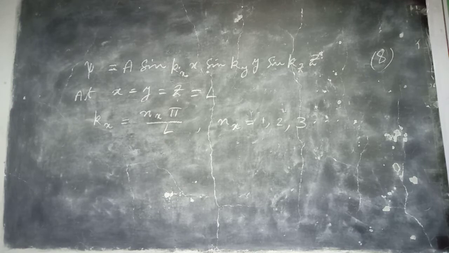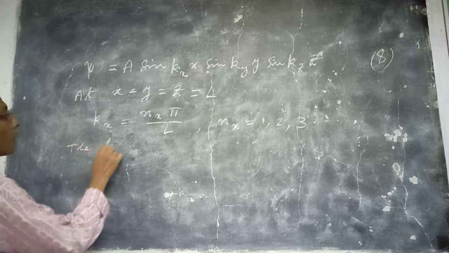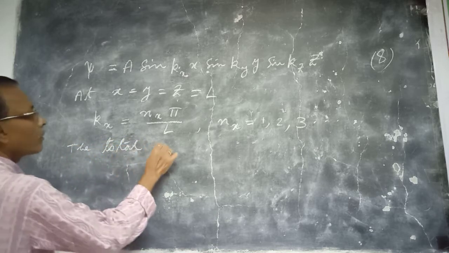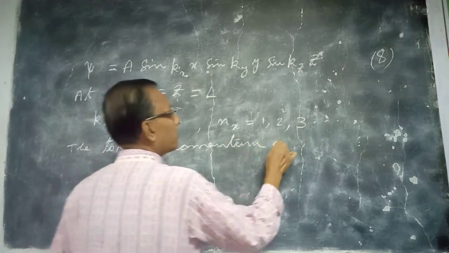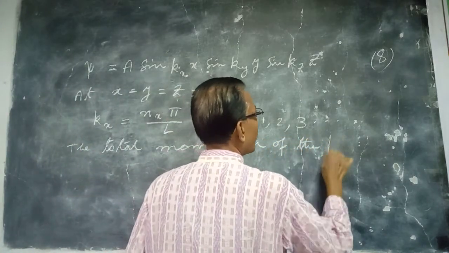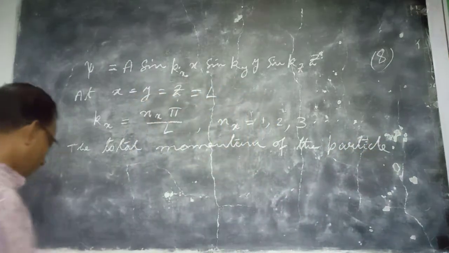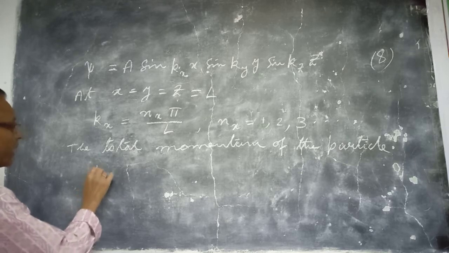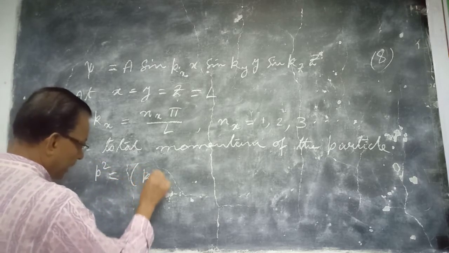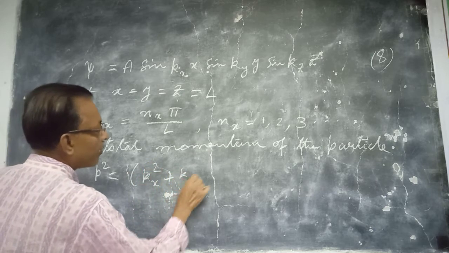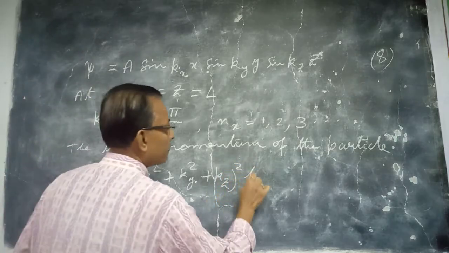Now therefore the total momentum of the particle, p square, is kx square plus ky square plus kz square times h cross square.